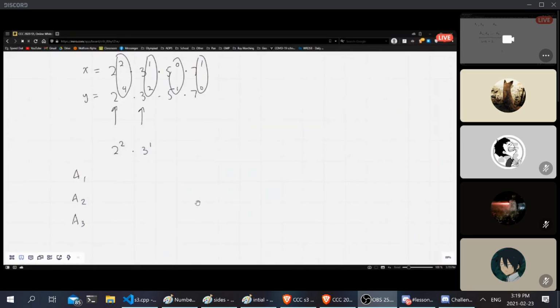Yeah. So we want to basically do something about the prime factorizations of these numbers. So this is like the exponent of 2, 3, 5, 7. And if we had, for example, the GCD of A1 to A2 is like 4, then we know that the minimum exponent for 2 has to be 2.